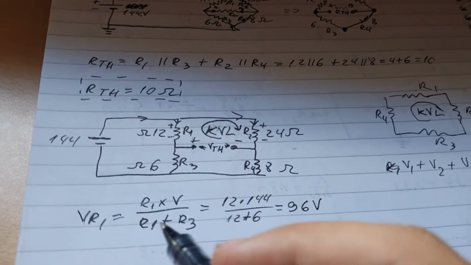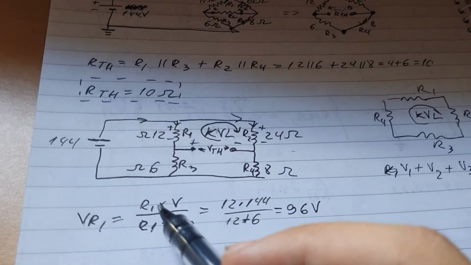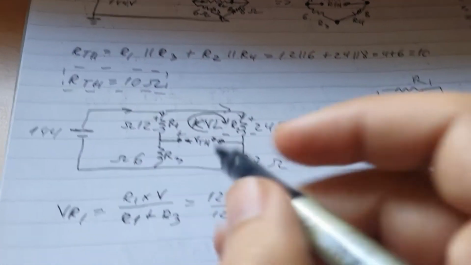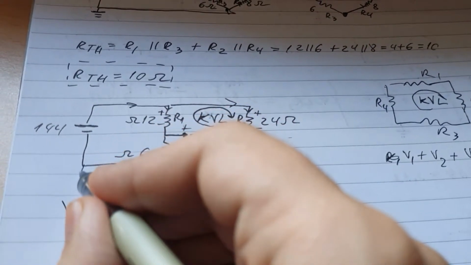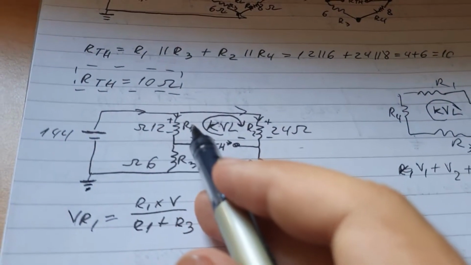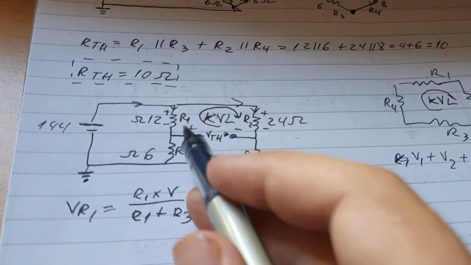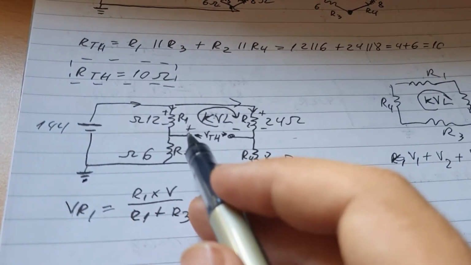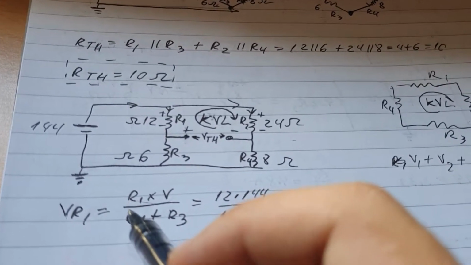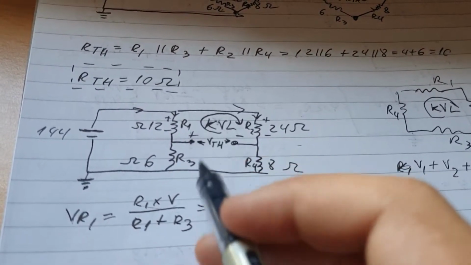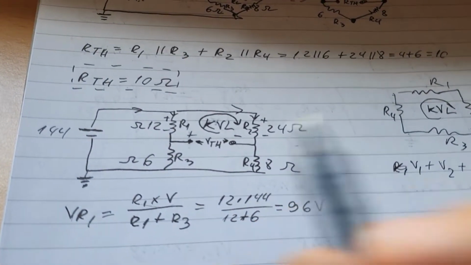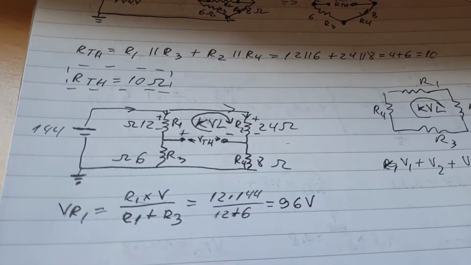I would recommend this method because it's faster and easier, and the way it works is basically because there's a ground down here, that means there is no voltage difference between the ground and R1 really. So the way we do it is you do R1 times the voltage to find out the current, and then you divide it by the total resistance between those two, which will be R1 and R3, and then you'll get the voltage inside of it.